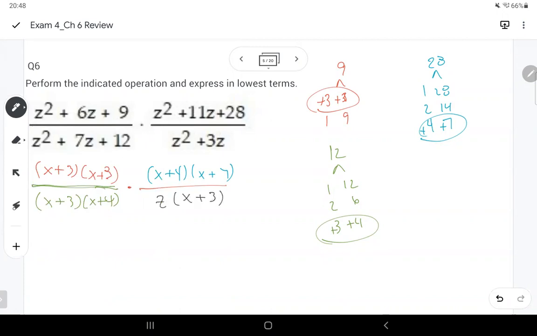Okay, so all the pieces that cancel: x plus 3, x plus 3, x plus 3, x plus 3, x plus 4, x plus 4. So your answer is x plus 7 over.